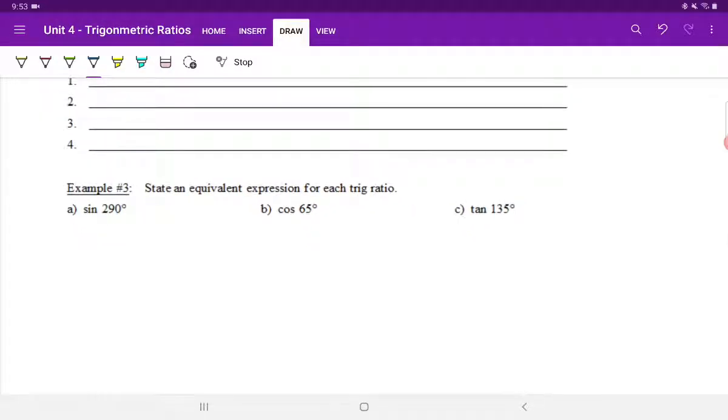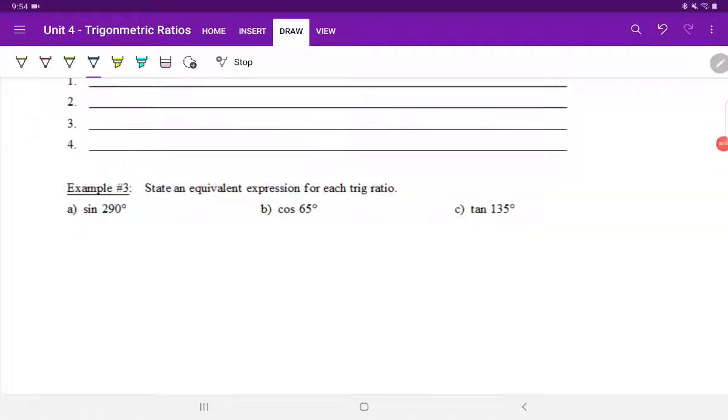All right, so next it says, state an equivalent expression for each trig ratio. Ooh, okay. An equivalent expression. So finding the sine of 290, if you were to punch that into your calculator, what do you end up getting?